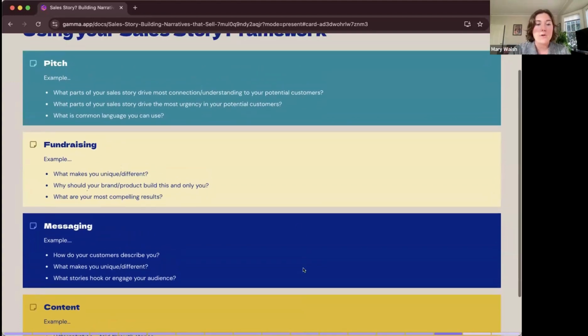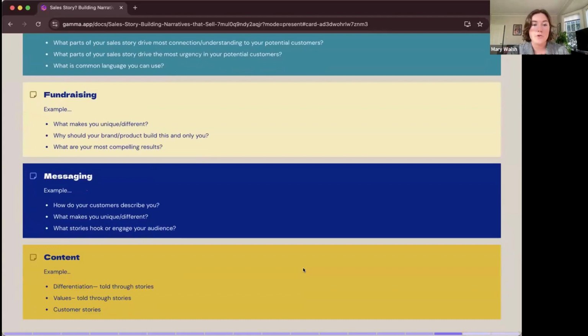When we're thinking about what our story means for messaging, this is specifically about how customers describe things. And I see someone asked what if you don't have existing customers? I would say if you don't have existing customers, it's helpful to think about how your competitors are describing things and what's different about you specifically.